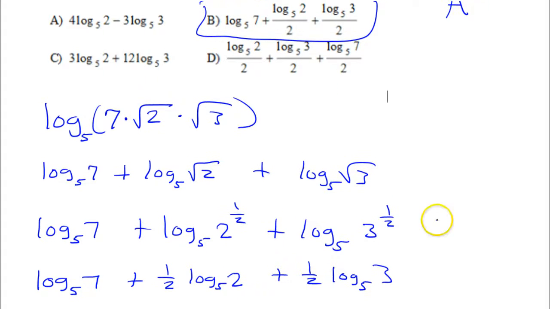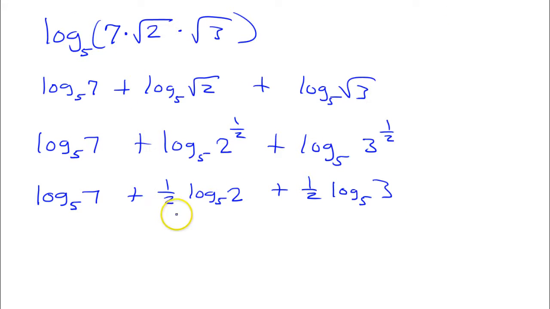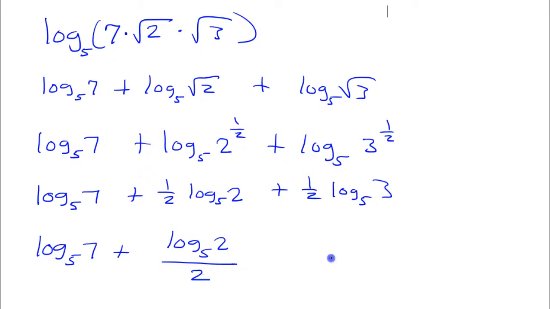The reason why it doesn't quite look the same yet is because anytime you have 1/2 of something, it's the same as dividing by 2. So 1/2 of log base 5 of 2 is the same thing as log base 5 of 2 divided by 2.